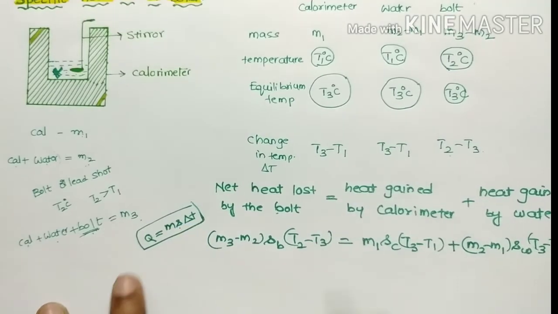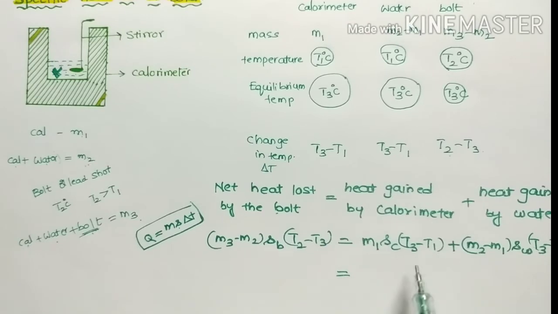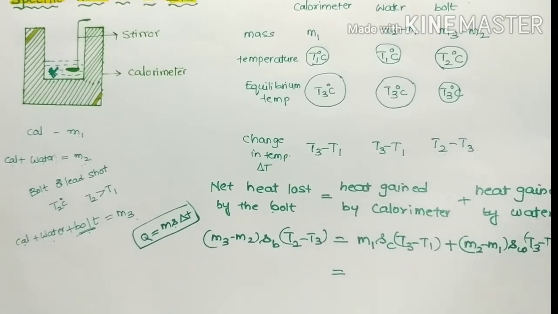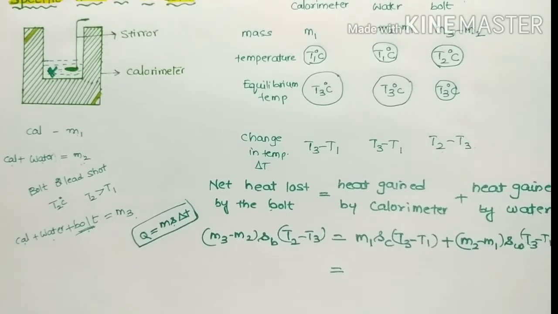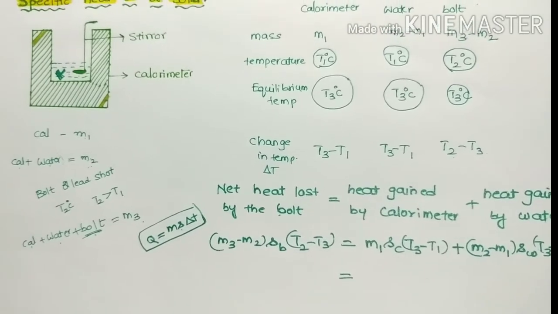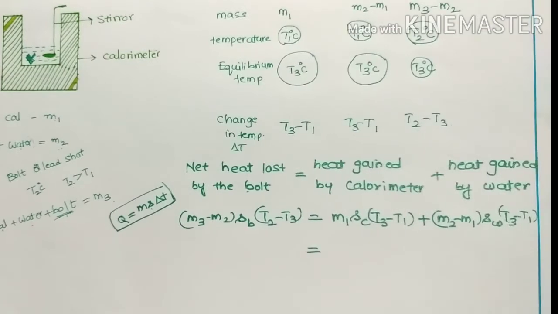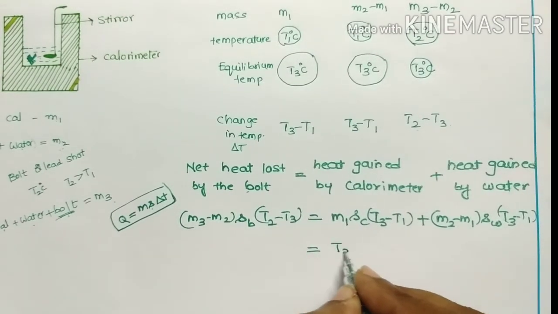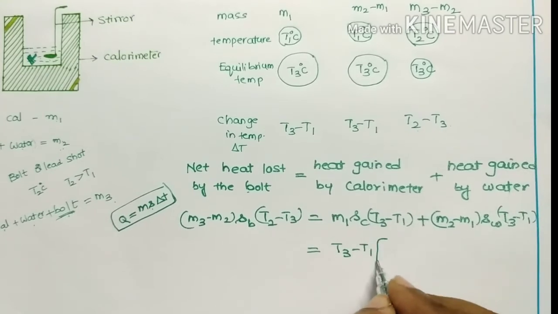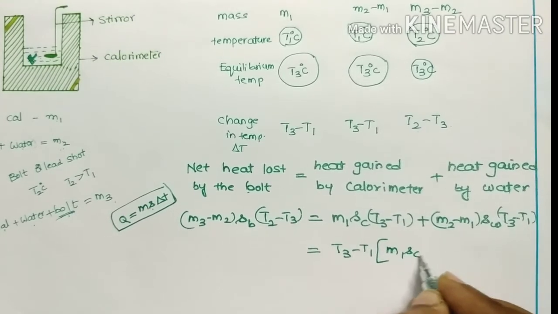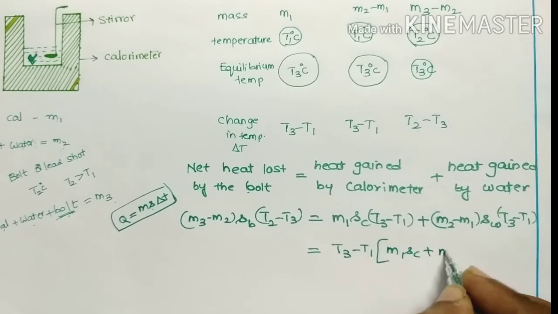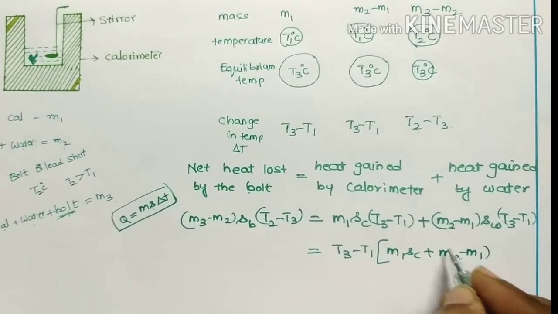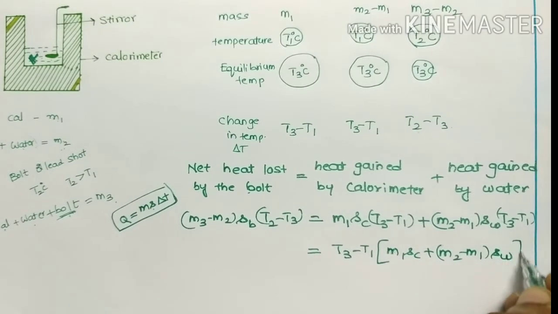Here the term T3 minus T1 appears in both, so we take T3 minus T1 common: M1 SC plus M2 minus M1 into SW.